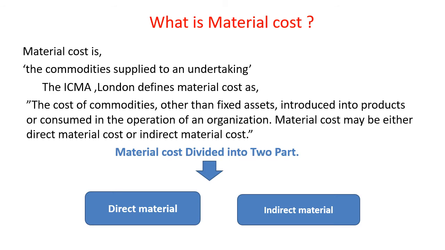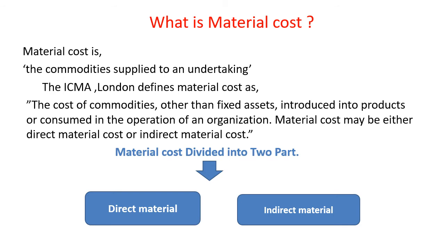The ICMA London defines material cost as the cost of commodities other than fixed assets introduced into products or consumed in the operation of an organization. Material cost may be either direct material cost or indirect material cost. Material cost is divided into two parts. First one direct material and second one indirect material.